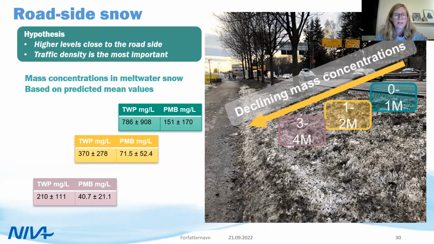We also hypothesized that the traffic density, or the annual average daily traffic, was the most important traffic variable driving these concentrations. We confirmed our hypothesis: we found declining mass concentrations with distance from the road. So we looked at samples between 0 and 1 meter, 1 meter and 2 meters, and then 3 meters and 4 meters from the road. And you can see some of the concentrations.